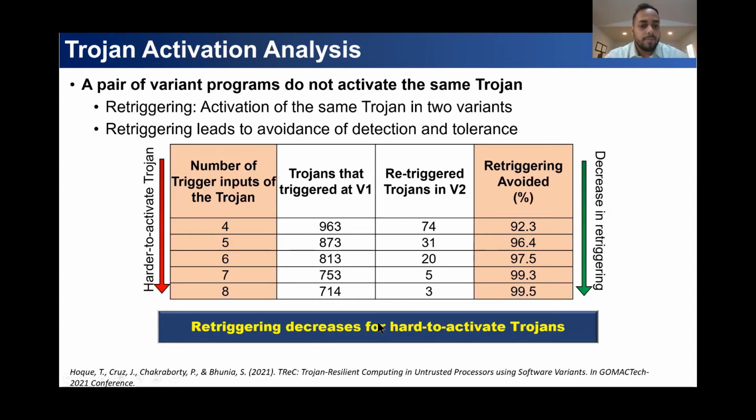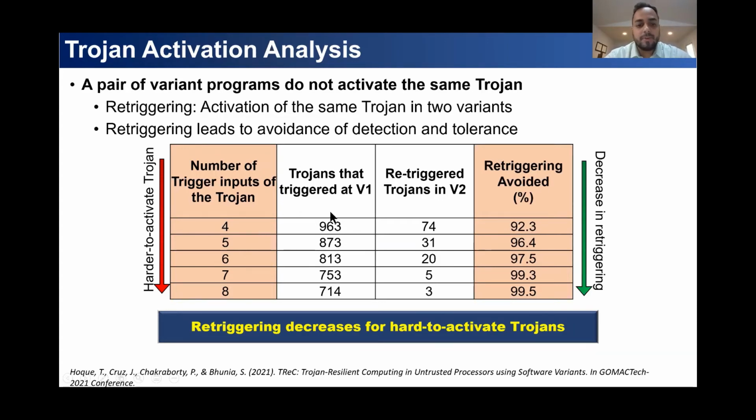We analyzed all the internal nets of a processor, and when we were running the first variant, we considered different rare nets and observed how many of them would have triggered if they were used for designing a Trojan.